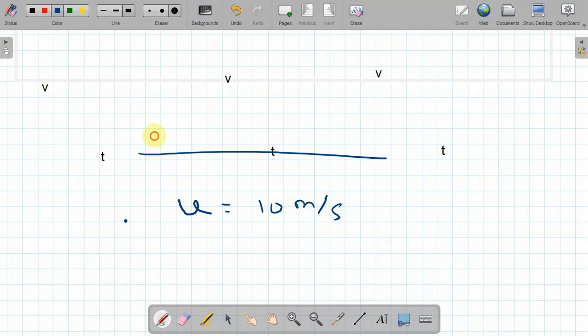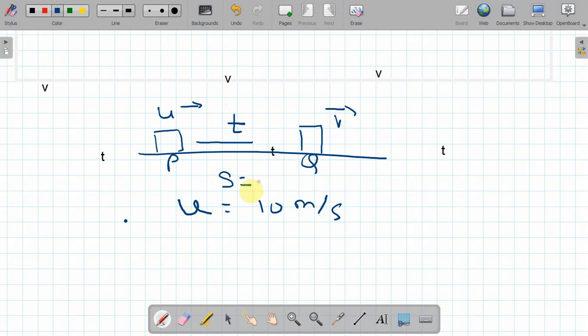This is the particle at position P, and after time t it has come to Q, with initial velocity u, final velocity v, and it traverses the distance s.